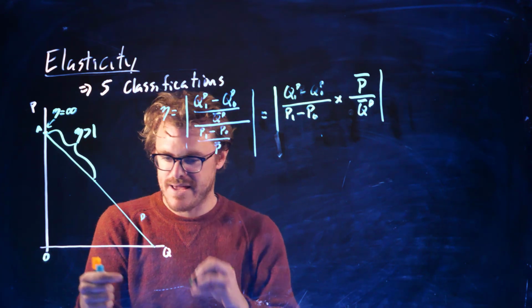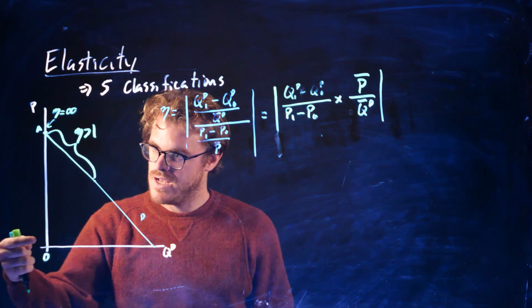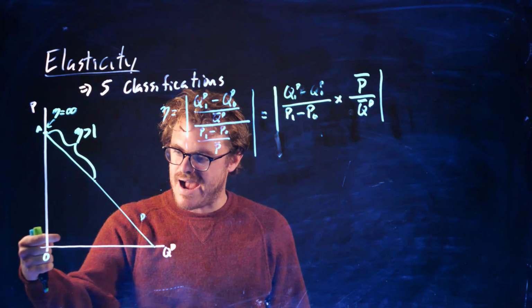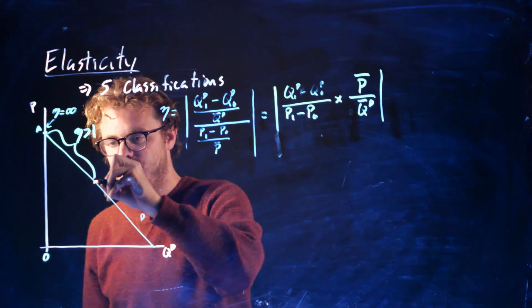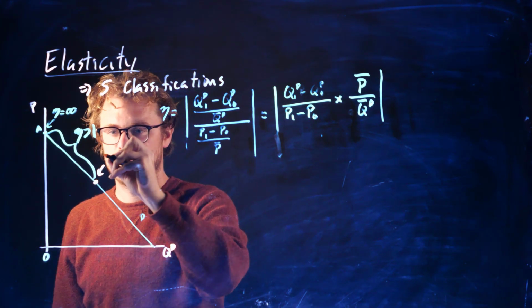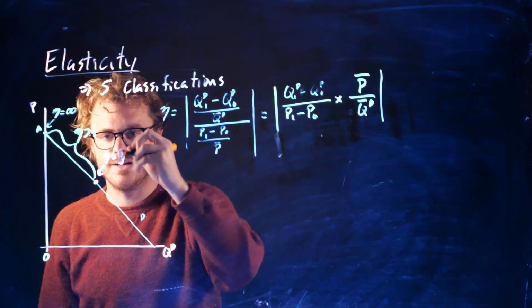And the quantity demanded, I should put a D here for quantity demanded, the average of that is increasing as we move along. At some point, these two amounts are going to cancel each other out. That should be a 1, sorry.